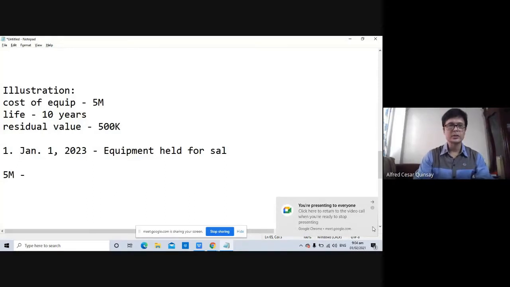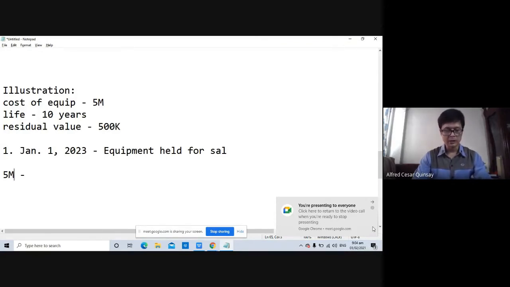So on January 1, the main issue here is that we reclassify the equipment from an ordinary equipment, which is a non-current asset, to equipment held for sale.